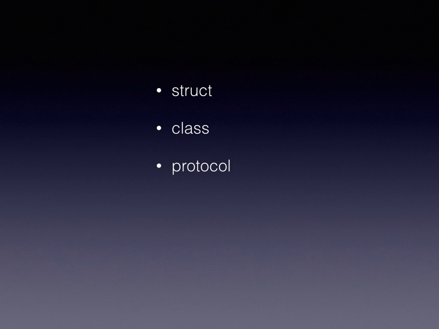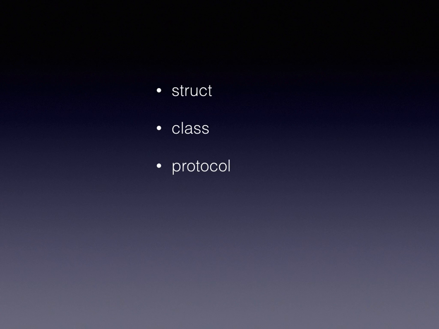Both classes and structs can also adopt protocols. Now, a protocol is really a set of requirements for what has to be implemented. It sort of defines an interface. A protocol is a type, but you cannot have instances of protocols.